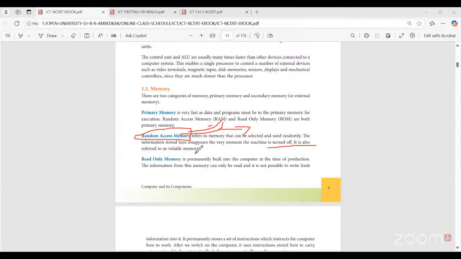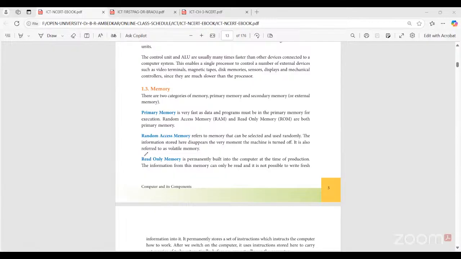So this is also called volatile memory. Some terminology you should remember specific to computers when writing the answer. Instead of writing on your own, you have to use some kind of terminology. Here, volatile memory: whenever you switch off the computer, that memory will be removed. This is called RAM, random access memory, inside the CPU.